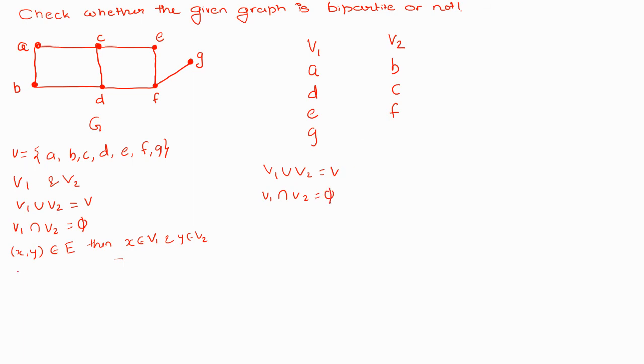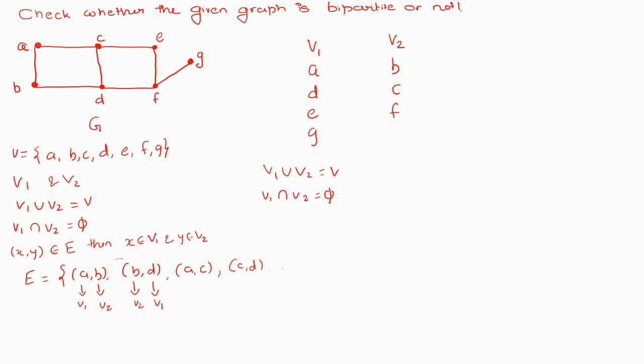This is also satisfied, and for xy belonging to E, x belongs to V1 and y belongs to V2 is also satisfied. Okay, for every edge. Suppose E equals, we can write it here like AB, BD, AC, CD, etc. Then for AB, this belongs to V1, this belongs to V2, this belongs to V2, this belongs to V1.